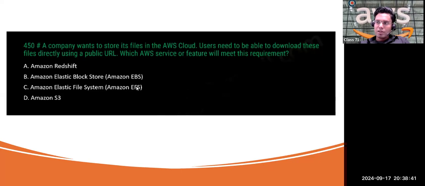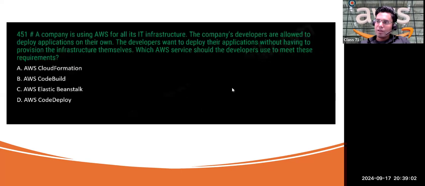Yesterday I explained EFS is a network shared drive for Amazon. You can attach an EFS to any EC2 instance. Suppose one EFS is here, you can attach it to this EC2, this EC2, this EC2. But EBS is dedicated to one EC2 instance. So Redshift is data warehousing, and S3 is the public URL.